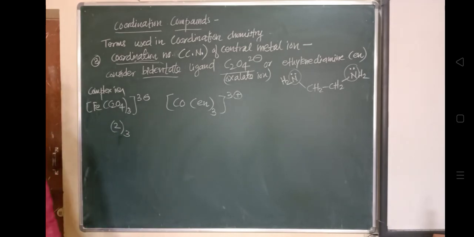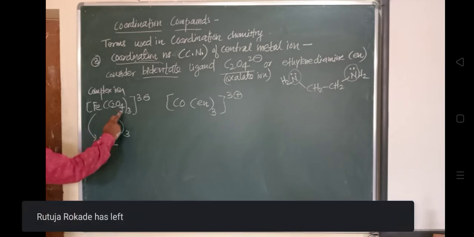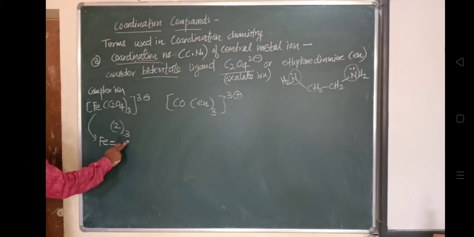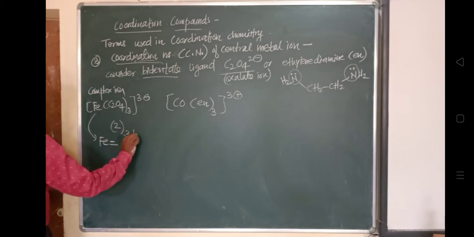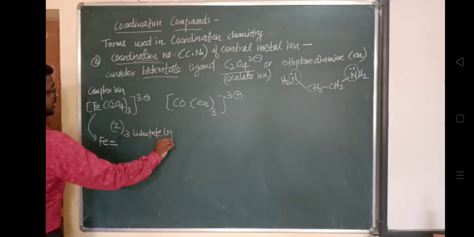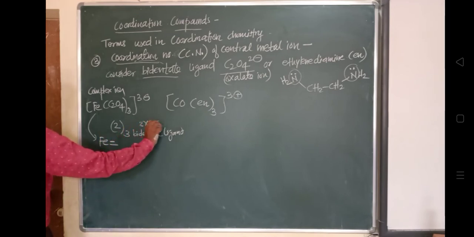Ethylene diamine is already a bidentate, but with its 3 molecules, 3 into 2, the coordination number will be 6. So the coordination number of cobalt, the central metal ion in this complex ion, is 6.